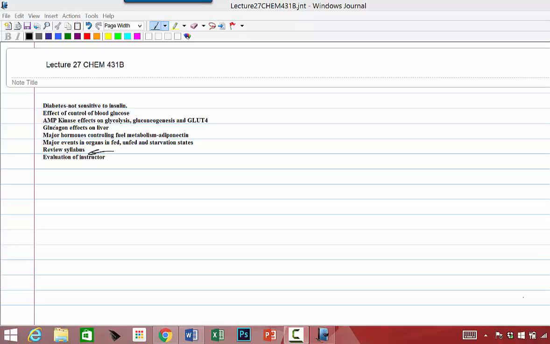This enzyme is AMP-dependent kinase. It is also activated by high levels of AMP compared to ATP. So when the ratio of AMP to ATP goes high, in other words, low energy charge, all of these will activate AMP-dependent kinase. I'm only interested in two pathways here.